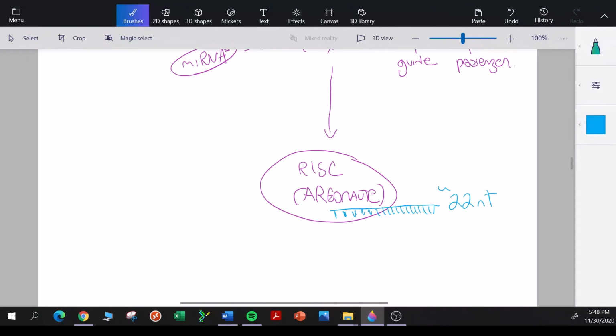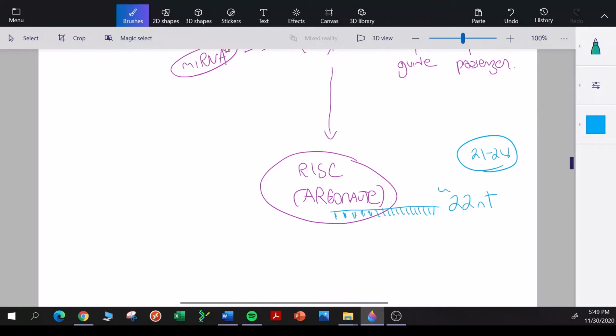So for microRNAs and short interfering RNAs, we can always assume between 21 and 24 nucleotides long, depending on which Dicer is doing the processing. It might be 21 or it might be 23. So just remember between 21 and 24 for the length of these things.